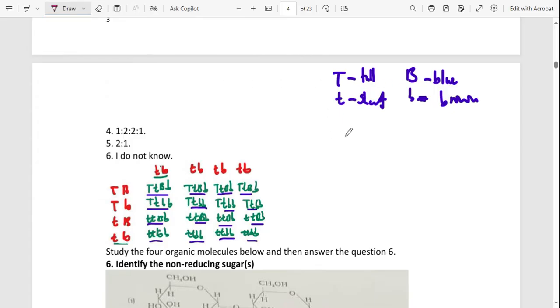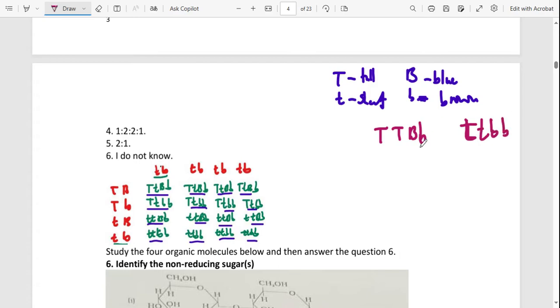Before you start crossing for Mendelian genetics, you start with the homozygous dominant and homozygous recessive. So we have capital T, capital T, capital B, capital B. You cross this with small t, small t, small b, small b.